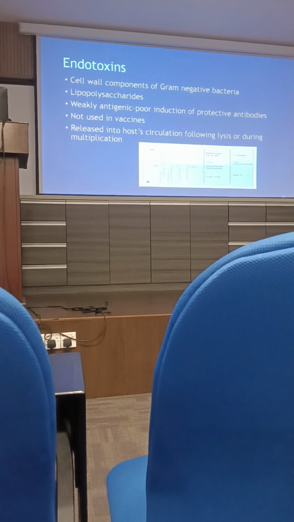Endotoxin is a cell wall component of the gram-negative bacteria. It is weakly antigenic. As we look into endotoxin and exotoxin, I hope you can think of the difference between these two, because it's important to know the differences between endo and exotoxin.